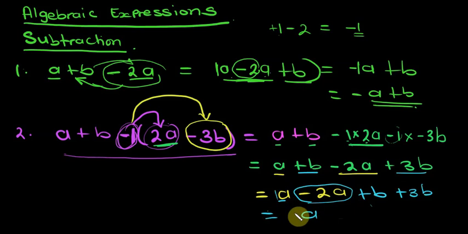Write down the a as it is, 1 minus 2 gives us minus 1, so minus 1a, plus b plus 3b, so that gives us, write down the b, there's a 1 here, 1 plus 3, that gives us 4b. So final answer is minus a plus 4b.